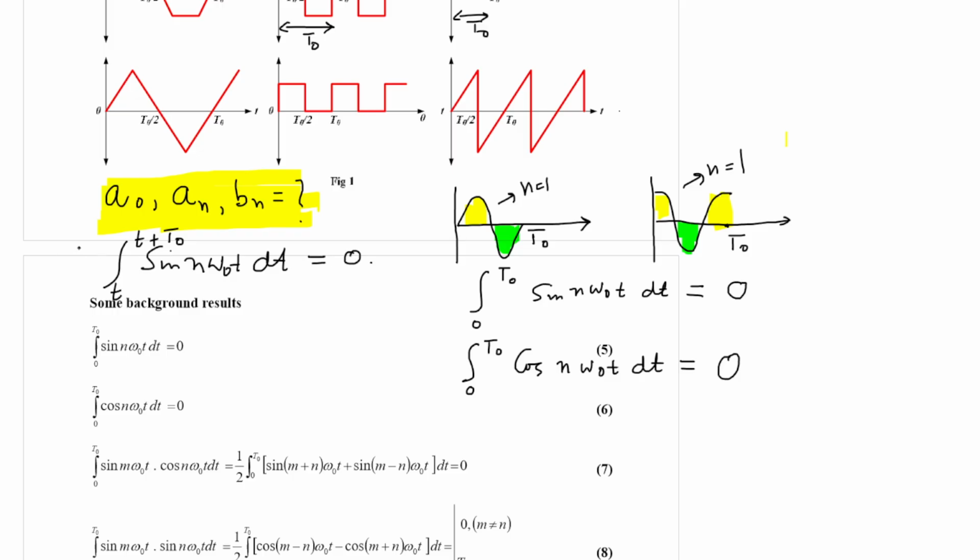So these two equations are basically the same: one is 0 to T naught, and the other is from any arbitrary time t to t plus T naught. So the first equation, integral from 0 to T naught of sine n omega naught t dt equals 0, and thereby the same applies for cosine as well: the integral from 0 to T naught of cosine n omega naught t is also 0.